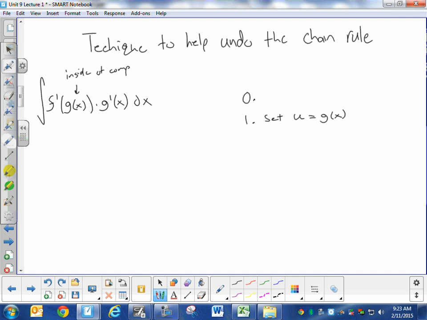Now, that's not always the case, but typically it is. Okay? And to the right of whatever you're doing, you'll say, okay, u equals g of x.